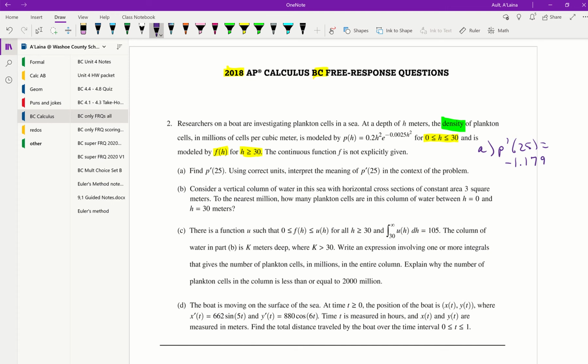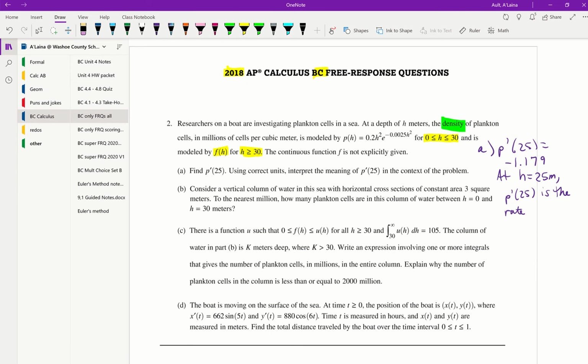Now remember, P is the density of the cells, and we've done a rate of change of that specifically at 25. So at a height of 25 meters, P prime of 25 is the rate of change of the density. You still have to do the units, which I'll do in a minute.